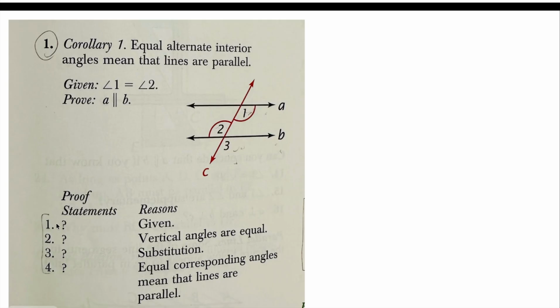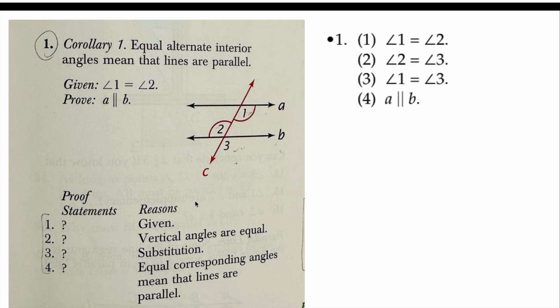So number 1, what is given to us? Well, angle 1 equals angle 2. That is what's given to us. 2, vertical angles are equal. Vertical angles, that's 2 and 3, right? These are our vertical angles. So angle 2 equals angle 3. And then what could we substitute for angle 3?